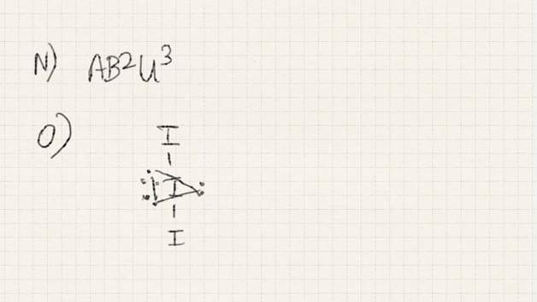So the 120 degrees is between the electron pairs. If you think of the triangle, there's going to be 120 degrees between each adjacent electron pair, right? Between this and this, that's 120 degrees. This and this, and then this and this is also going to be 120 degrees.